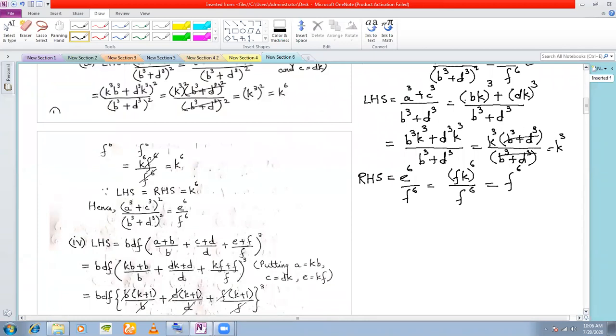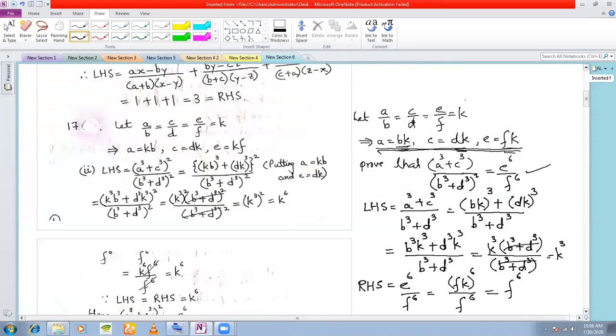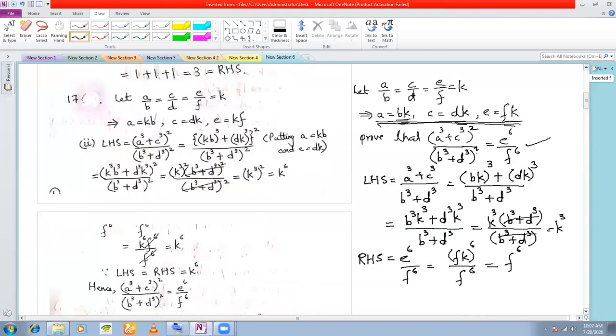Oh, this was whole square, my mistake. This was whole square. Yes, this was whole square. So when I put the values here in the left hand side, this will actually become whole square, and this was already a whole square.